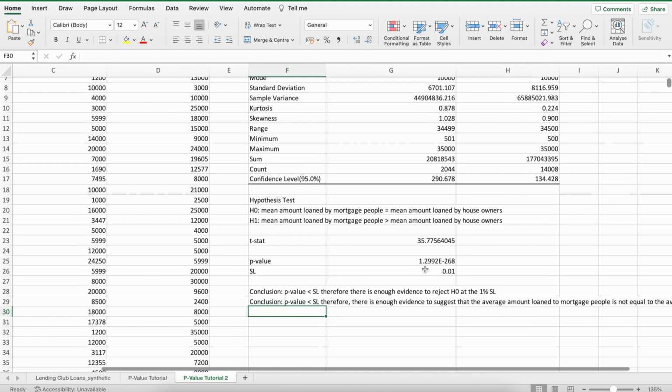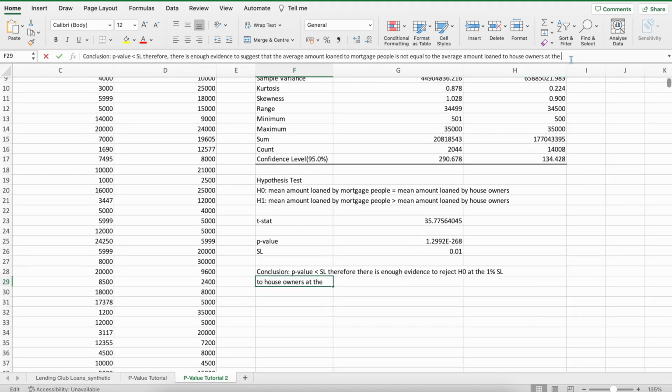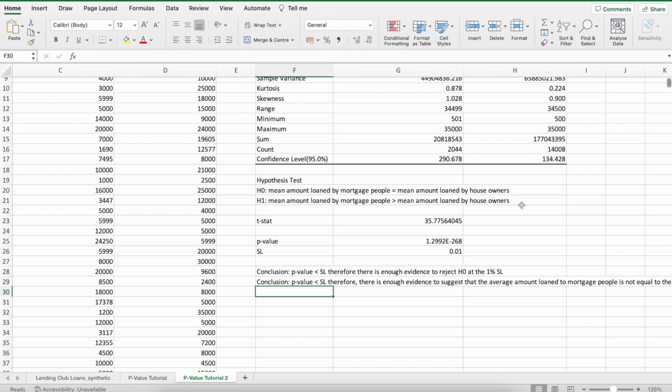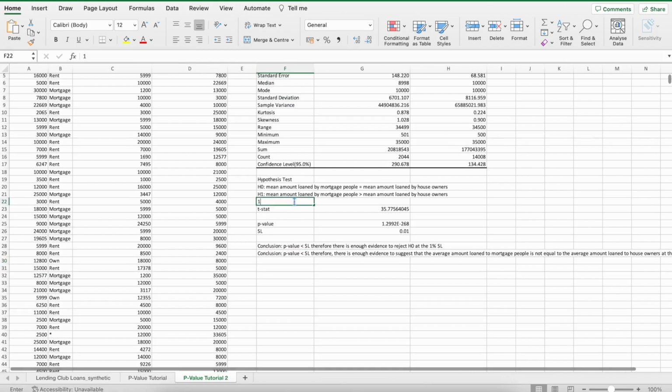So that's another conclusion that we could write. Oh, of course, at the 1% significance level, we have to remember that.